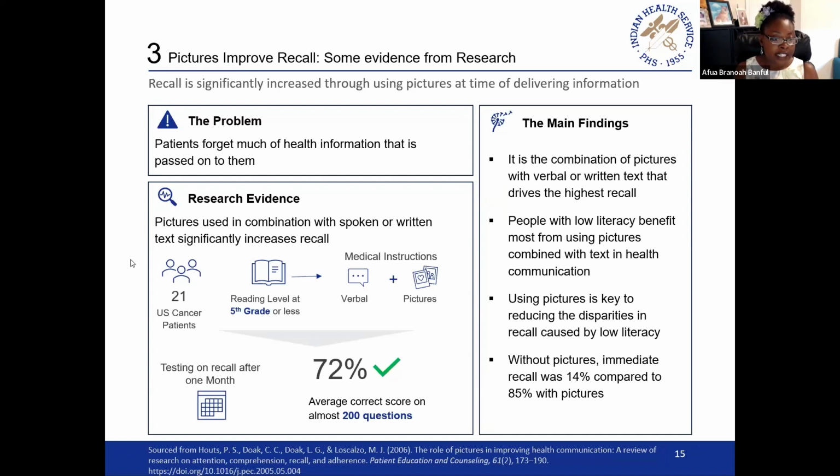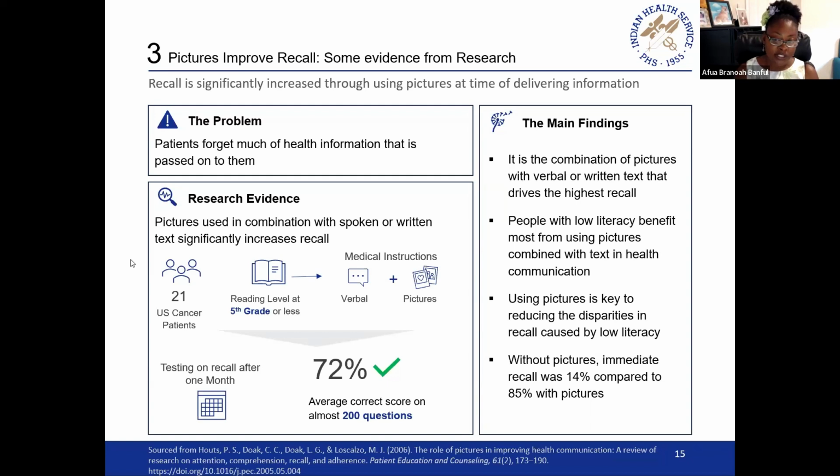So you can imagine that there are pictures and the provider is pointing to them as they talk. And this is remarkable: after a month, when they were tested on the information, almost 200 questions, it's not like they were asked 10 questions, the average score was 72%.